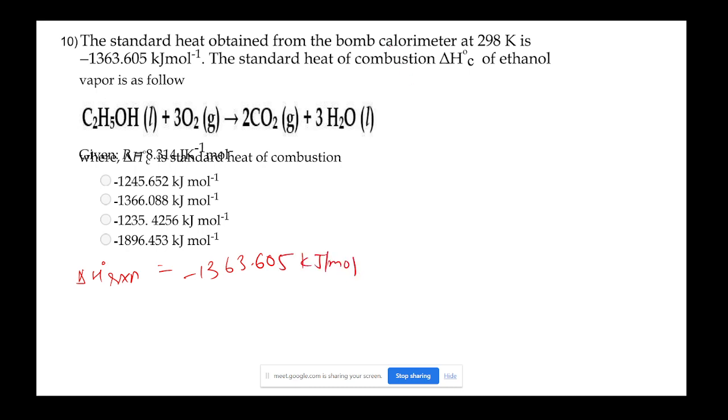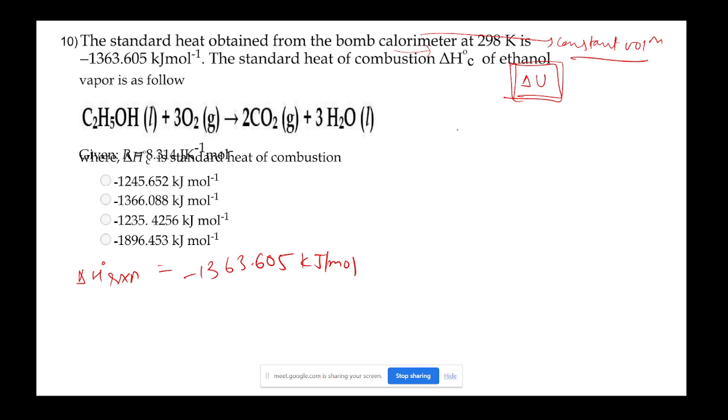A bomb calorimeter implies that it is occurring at constant volume. This system is used to find the change in heat at constant volume, so this is nothing but the change in internal energy, delta U.